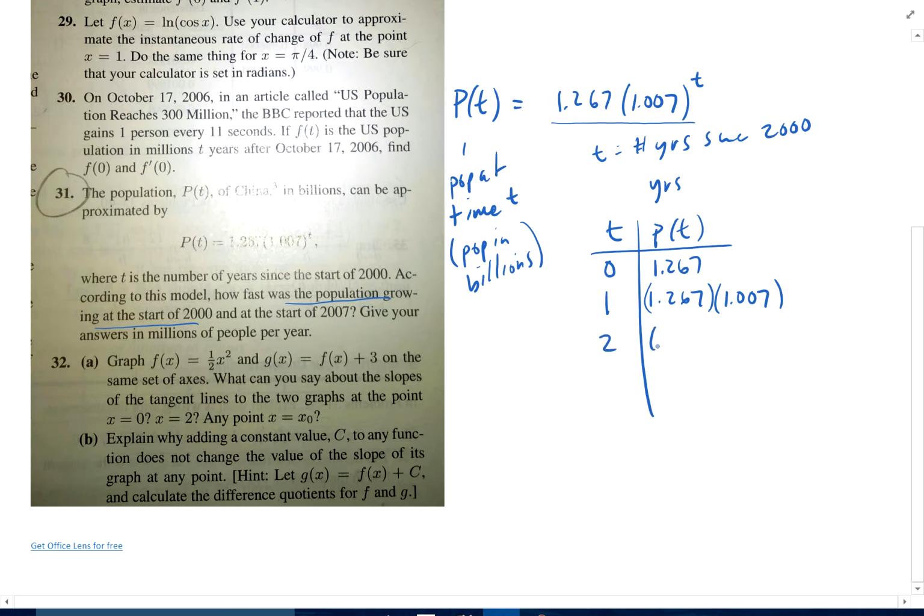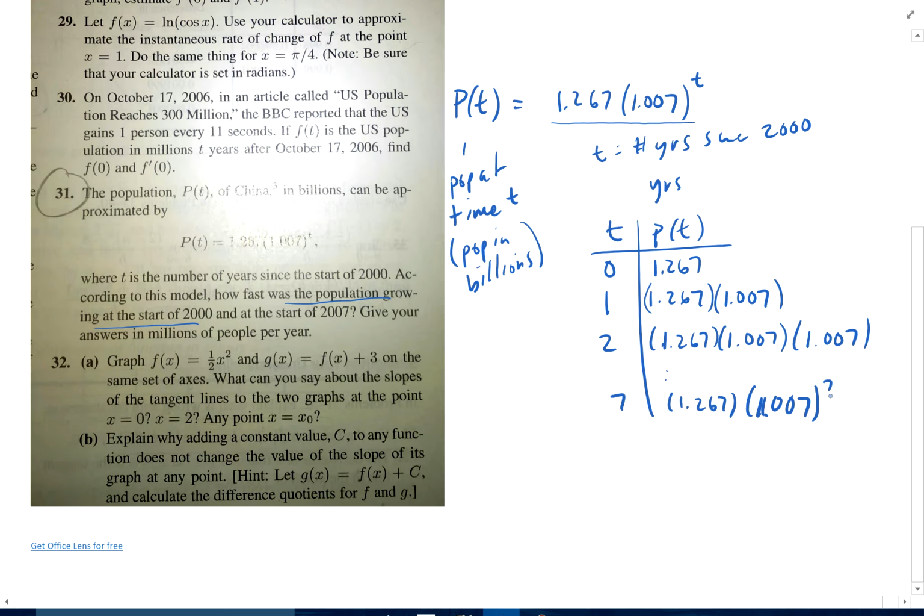After 2 years, it's 1.267 times 1.007 times 1.007, and so forth, all the way up to the start of 2007, which is going to be 7, and that'd be 1.267 times 1.007 to the 7th power.